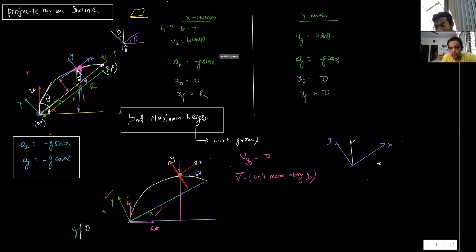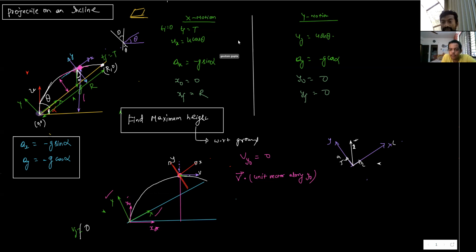So how will you write this unit vector in terms of x and y? Unit vector means its magnitude is 1. You have a vector of magnitude 1 directed vertically, and you have to express it in terms of i cap and j cap. Along this axis you have i cap, and along this axis you have j cap. So you have to express the original j cap vector, which was along the y-axis, in terms of i cap and j cap. So how will you write?